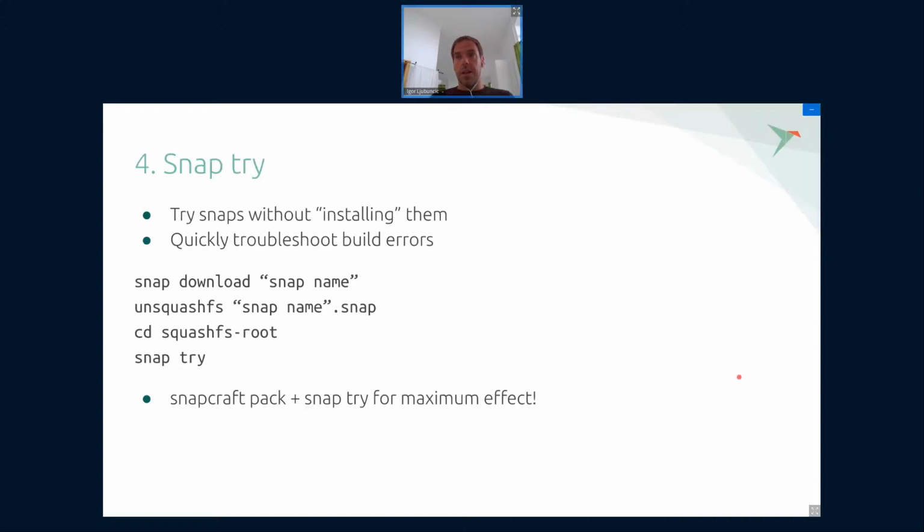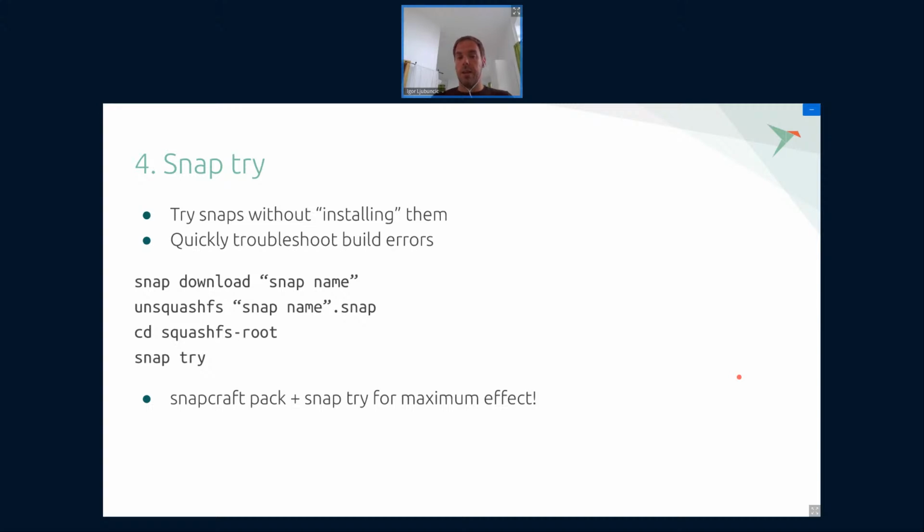Tip number 4 is, again, something that should help you build your snaps much faster and test them more efficiently. You can actually test a snap without installing it. For example, just download a snap from the store, then unsquash the archive. A snap is basically a squashfs file system archive.